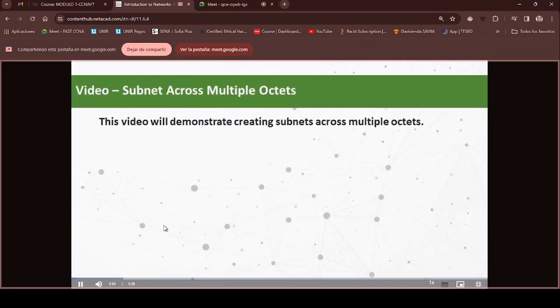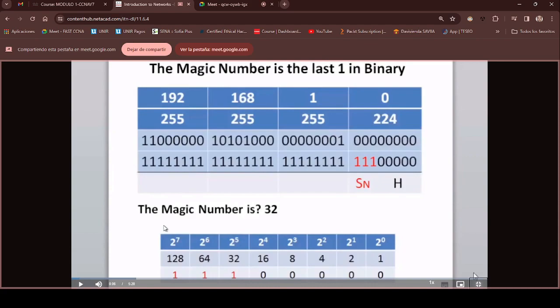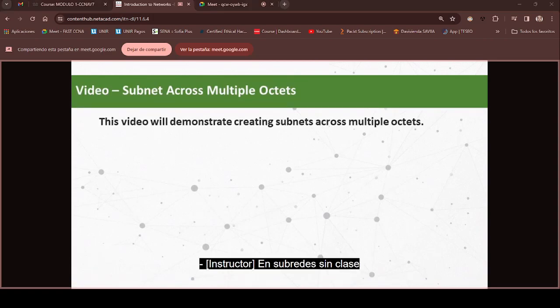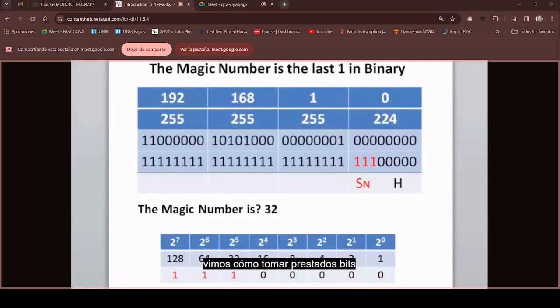In classless subnetting, we've seen how we can borrow bits from the host portion of the subnet mask, and that the last one that's borrowed is the magic number.